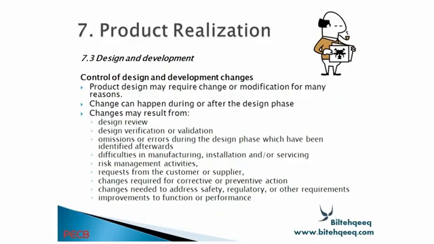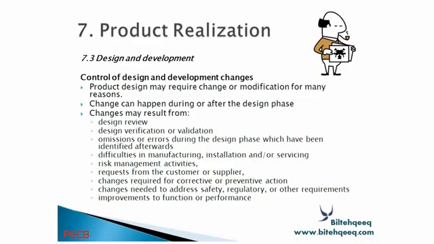Control of design and development change. If there is any change in design, you also need to document it. A product design may require change or modification for many reasons. Change can happen during or after the design phase.